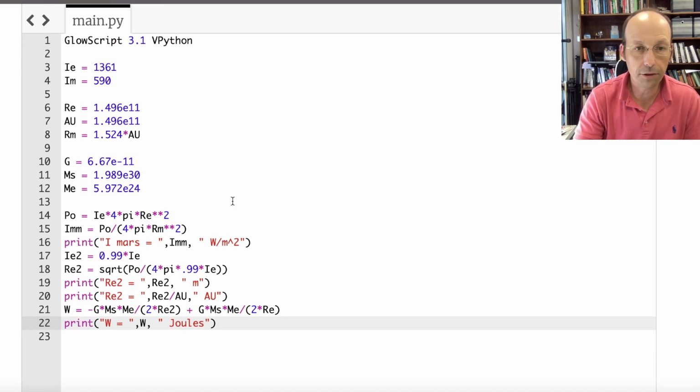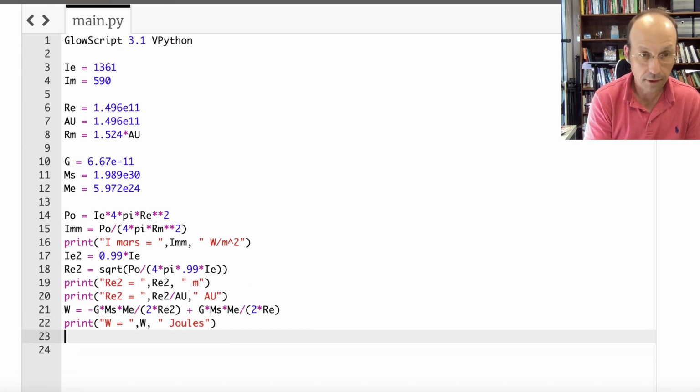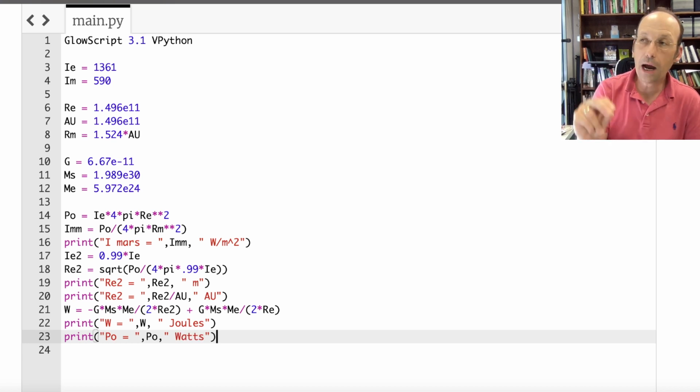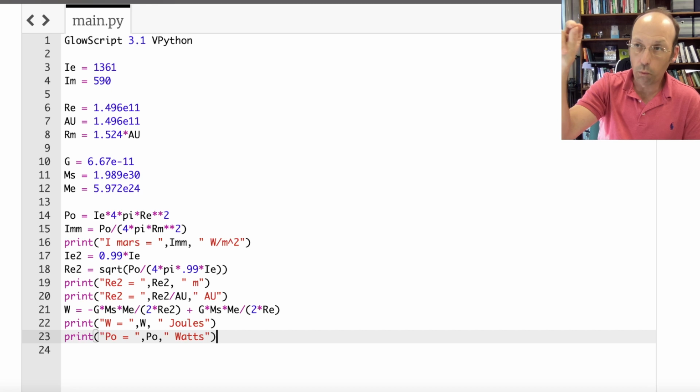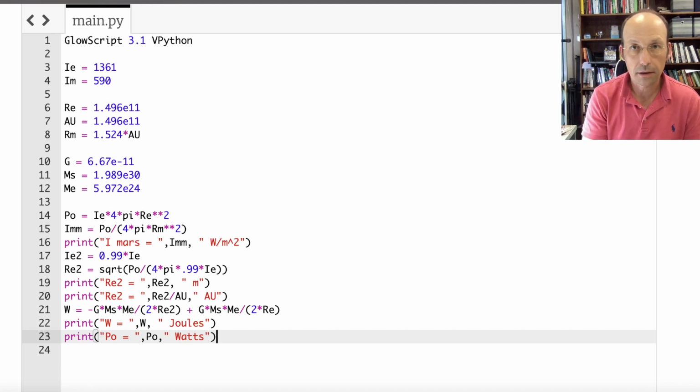So let's print out the power of the sun, just for fun. Print P0 equals P0 watts. And now power is work divided by time, so the time is going to be work divided by the power.